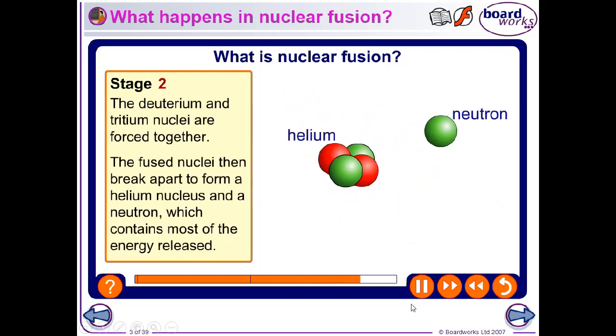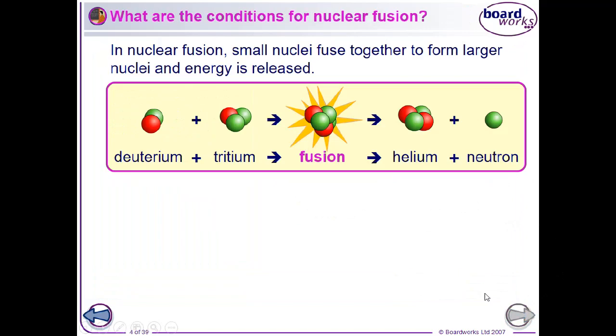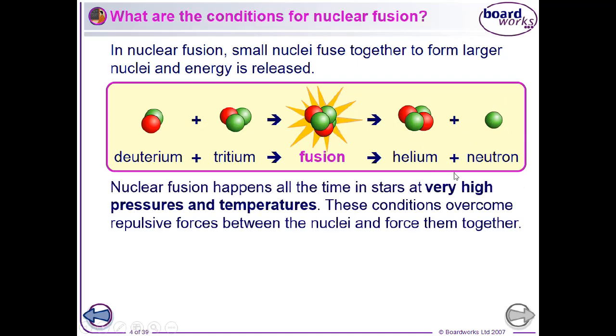These nuclei fuse together to make helium, which is 2 protons and 2 neutrons, and releases an extra neutron, which will fly off with a large amount of the energy that is released in the reaction. So, deuterium and tritium fusing together to make helium and a neutron, and in the process energy is released in the form of kinetic energy or thermal energy.